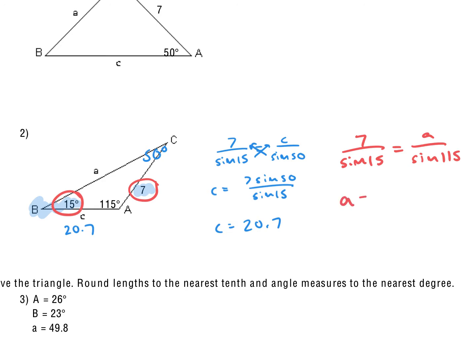Cross multiply, we get A is equal to 7 times sine of 115 over sine of 15. And what do we get for side A? 24.5.